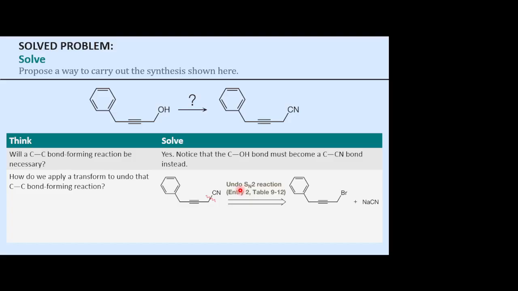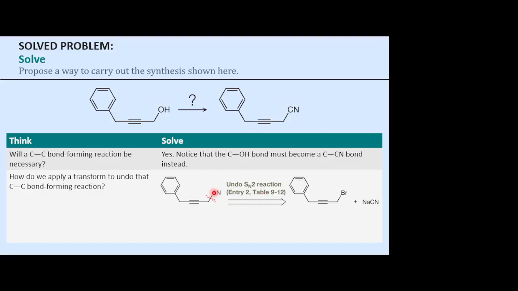So what we're noticing is that we have this carbon-carbon bond right here. That's probably the easiest one to deal with, right? The rest of the structure basically looks like we want it, doesn't it? Yeah, we don't have any changes we need to make, so that's the one that should stand out there.